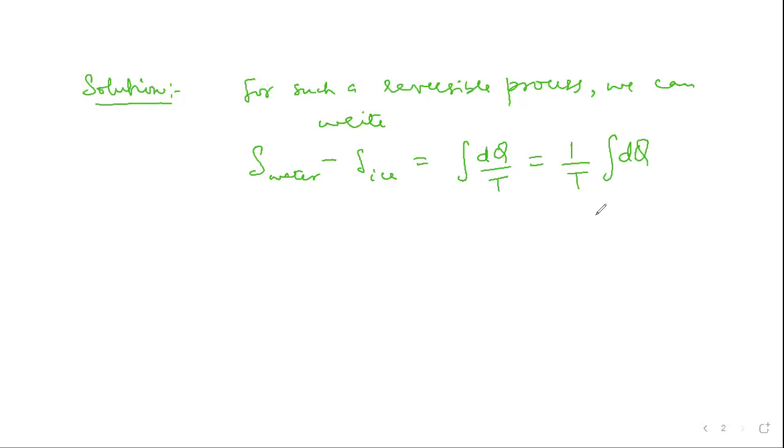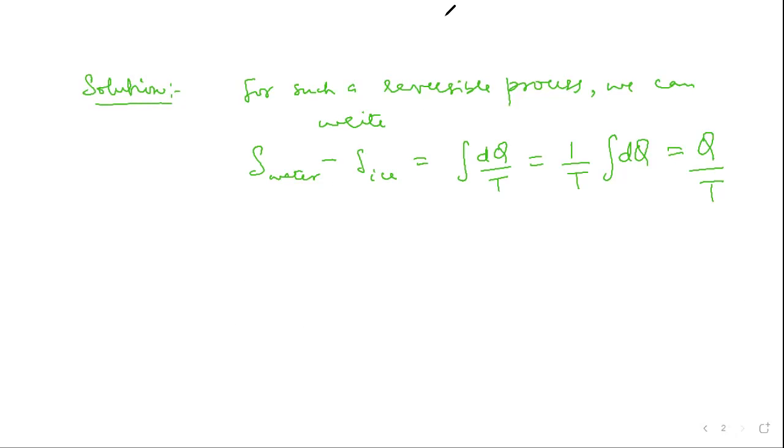Now here dq means the small elements of heat energy that enter the ice from the heat reservoir, and the total of all these elements is just the total heat absorbed by the ice. So it is simply Q by T. Q is the total heat absorbed by ice from the heat reservoir.